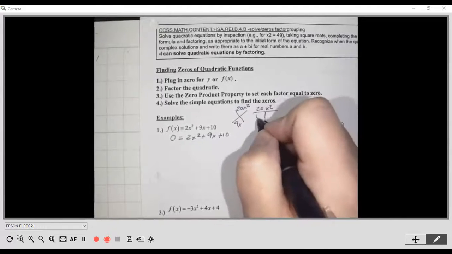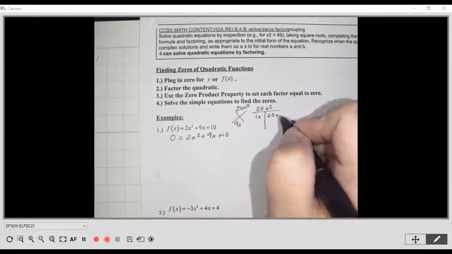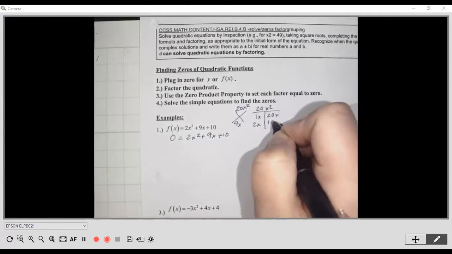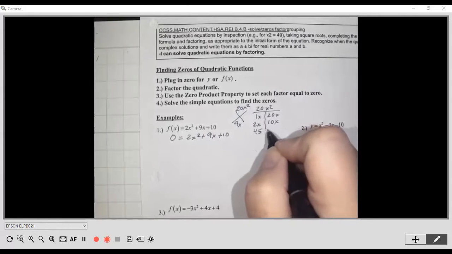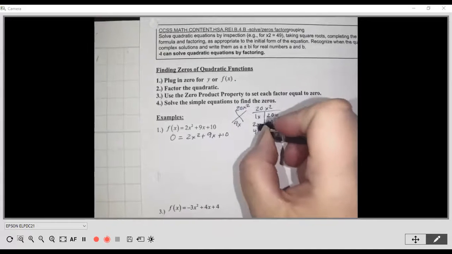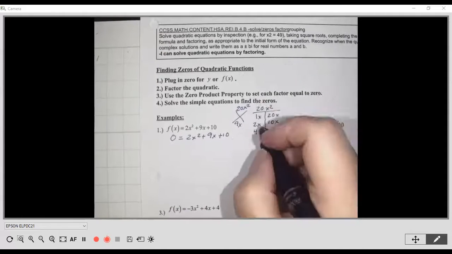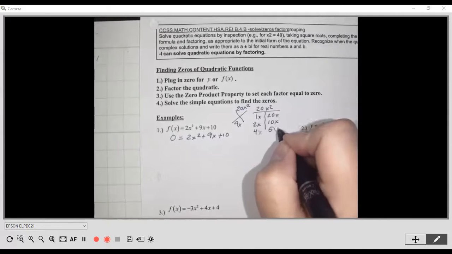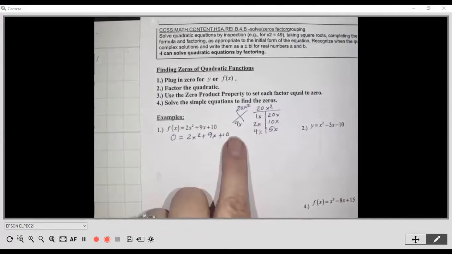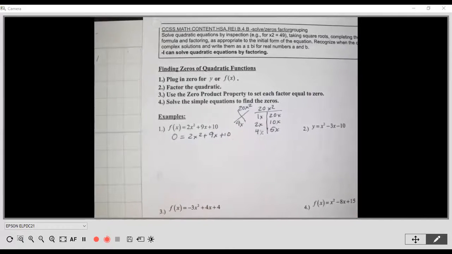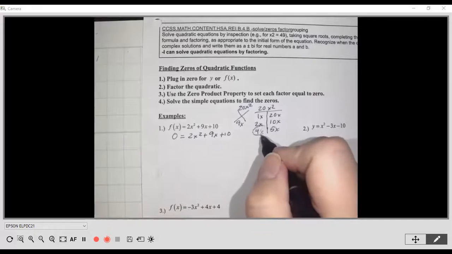The factors will be 1x and 20x, 2x and 10x, 4x and 5x. So then we wanted to see which of these will add up to 9x, and that would be our 4x and 5x.